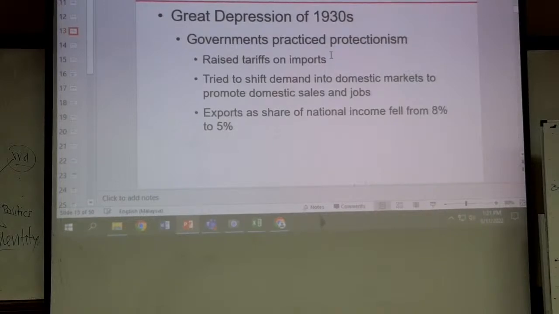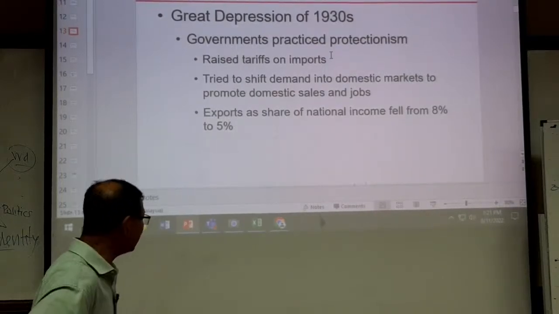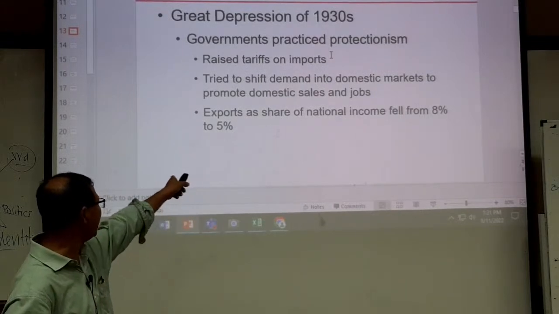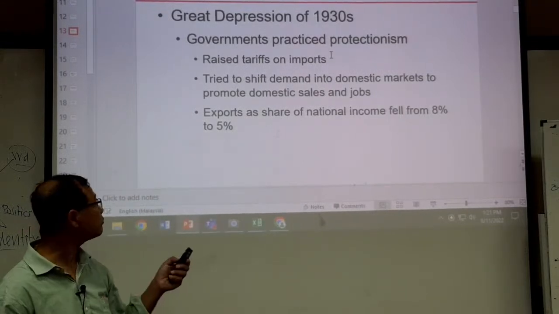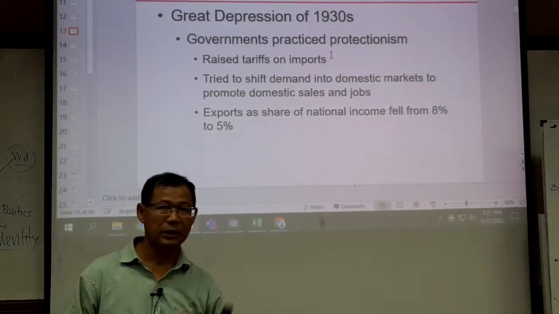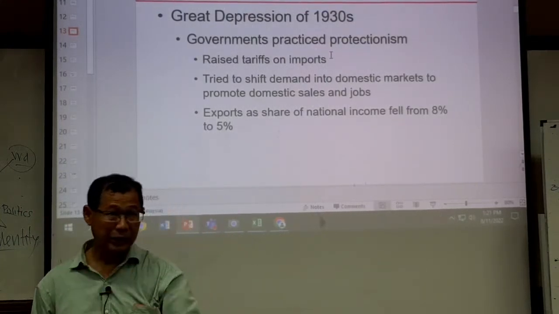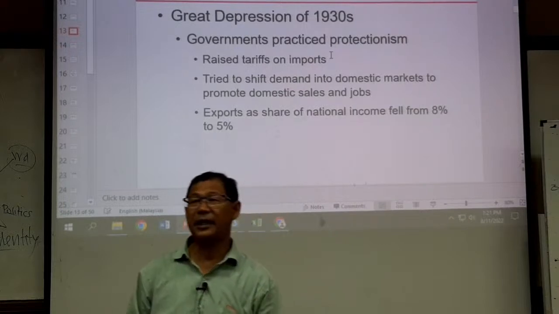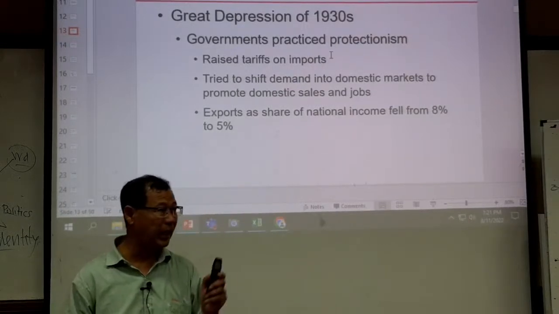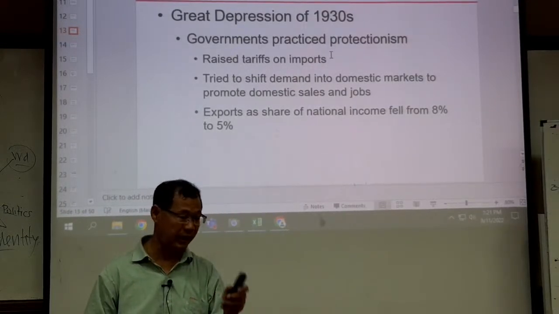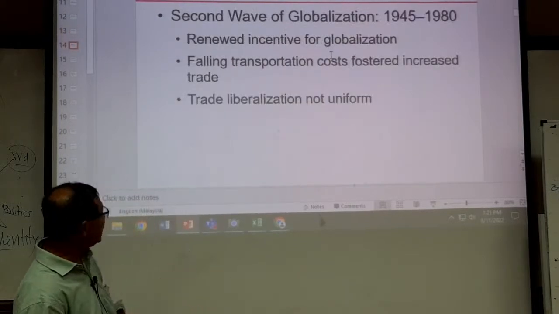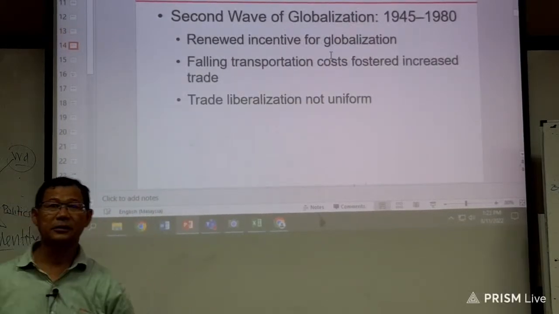They tried to shift demand into domestic markets to promote domestic sales and jobs. Export share fell to 5%. So what we're saying is that the Great Depression had a negative impact on globalization and on international trade. Second wave, 45, yes, correctly.